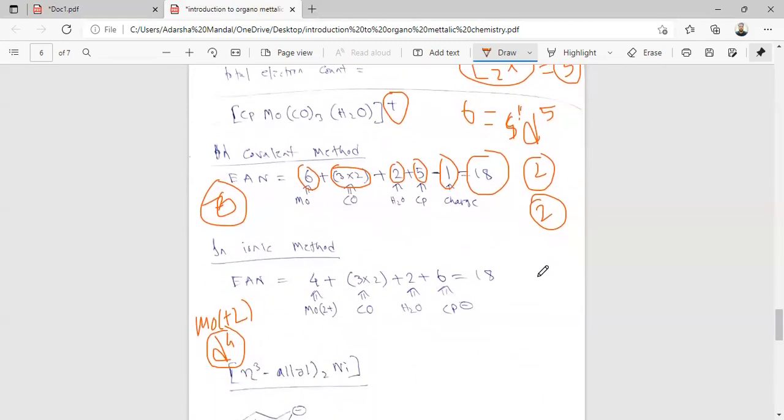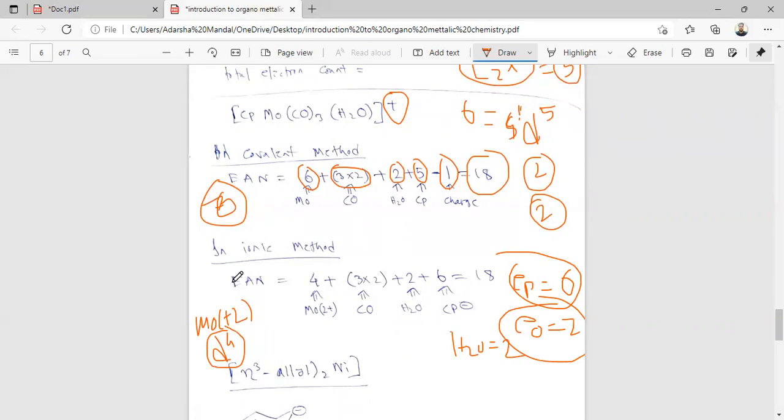So in this ionic method, Cp will donate a total of 6 electrons to the metal center, and carbonyl is an L type ligand, so it will donate 2 electrons to the metal center, and water is an L type ligand, it will also donate 2 electrons to the metal center.